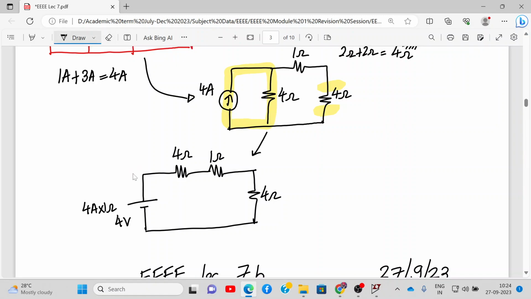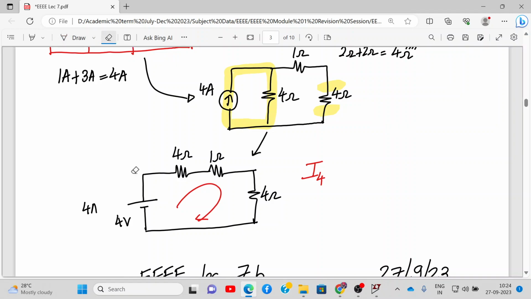Let me connect it over here. So now if you find the current through the 4 ohm resistance, the current flowing through all the resistances over here is the same, so we can use a simple voltage division. Oh sorry, wait a sec, this is not 1 ohm.